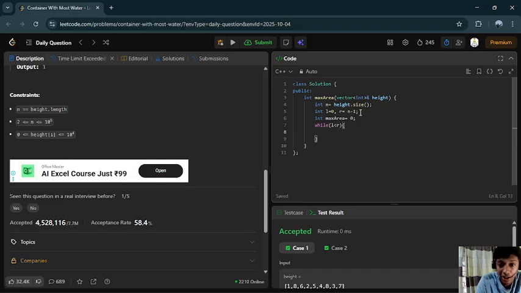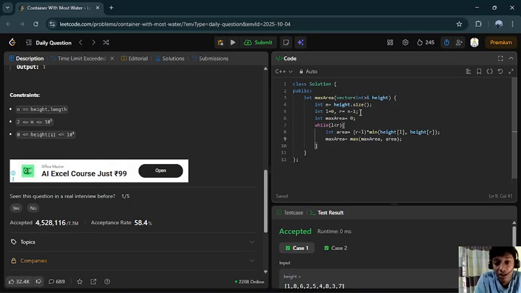Okay. While left is less than right, we are going to calculate the area. Int area equals to, what is the width? Right minus left, into min of height of L, comma height of R. Okay, this is the area we've got, and max area equals to max of max area, comma area.